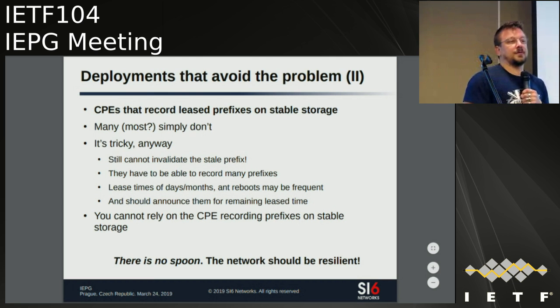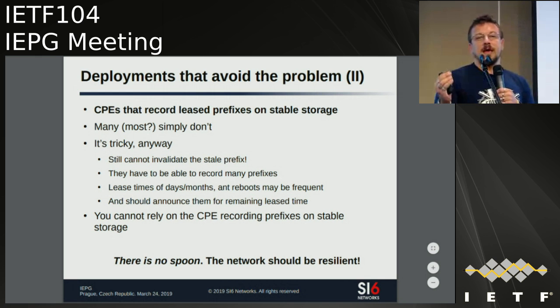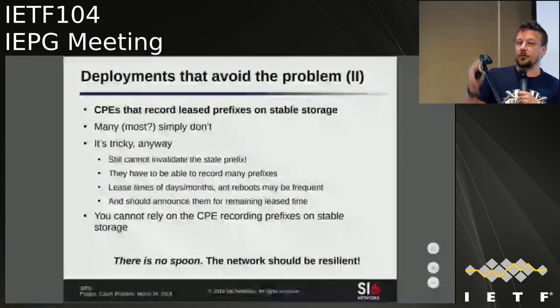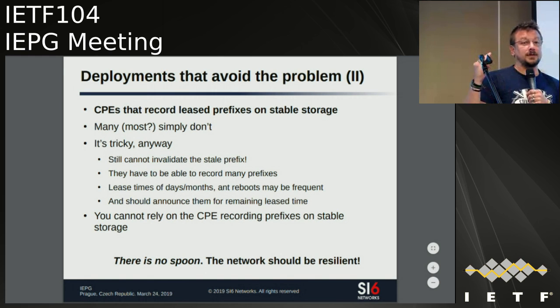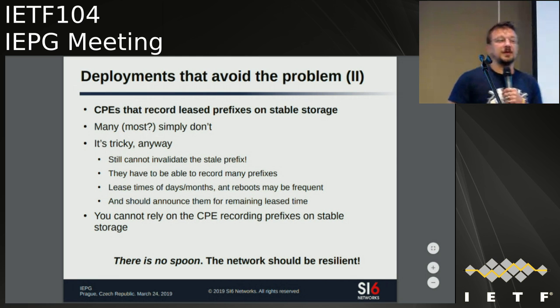Then there is another deployment scenario, if you want, that might help avoid this problem, which is the case in which the CPE router actually records the prefix that has been leased on stable storage. So the idea is that when you do DHCP prefix delegation, you store the prefix that you have been leased on stable storage. So in the event of a reboot, you might do DHCP prefix delegation again.